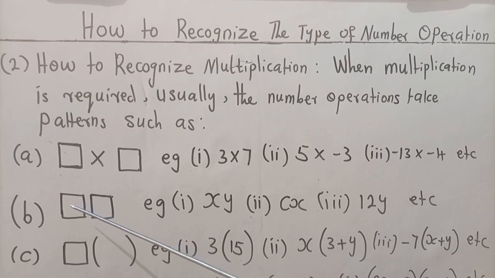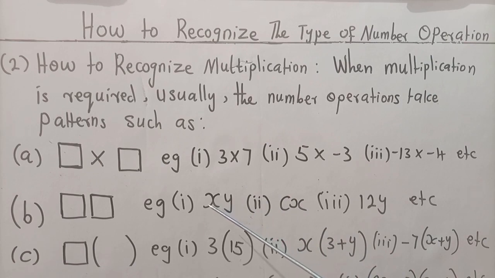Like I said earlier, let box represent a number or a term, either a constant or a variable. Here we have this x. Here we have this y. Because of that, xy does not mean x plus y. It means x times y.